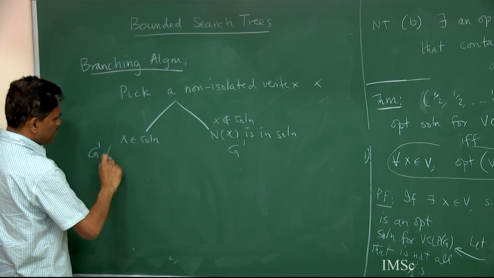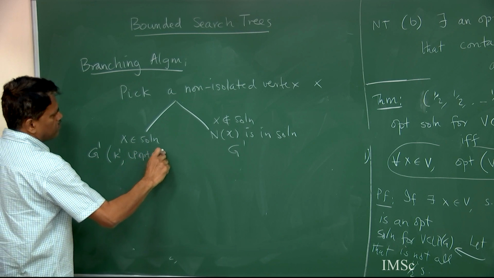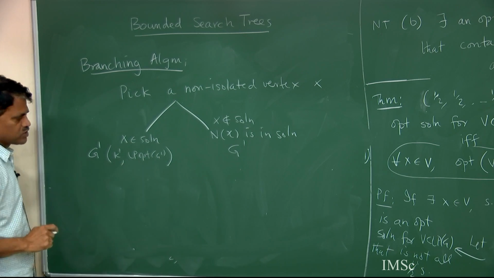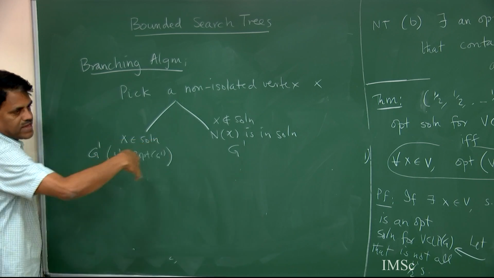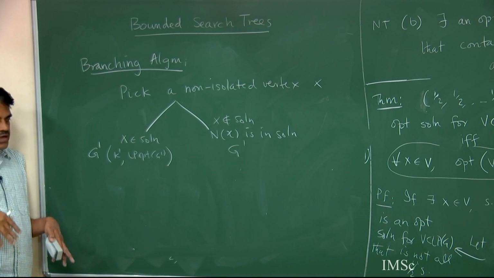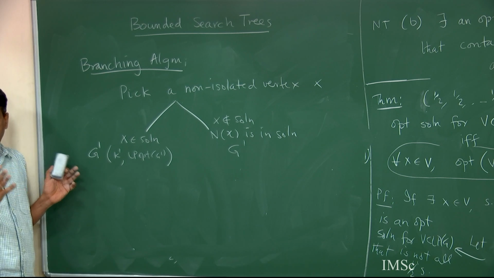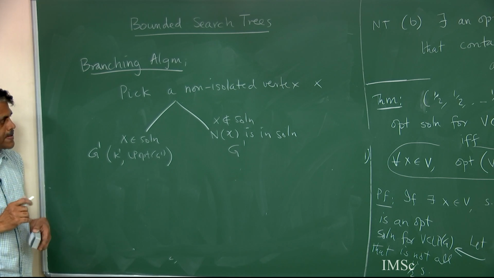So, there is a K prime, there is an LP opt of G prime. Let us see what happens to both these quantities in both these cases, and then we will see the drops in each branch, that will tell us the height of this search tree, then we get the branching algorithm. Okay.